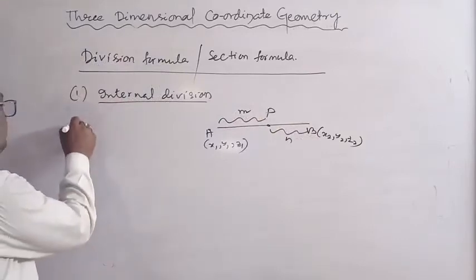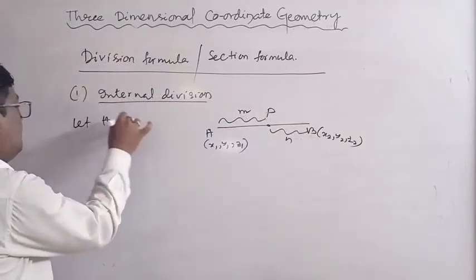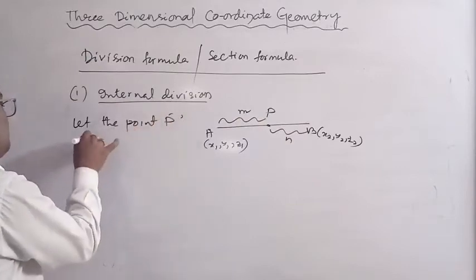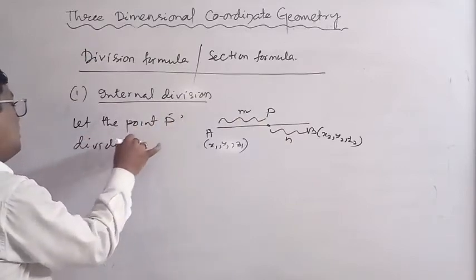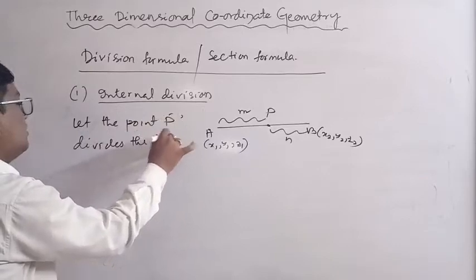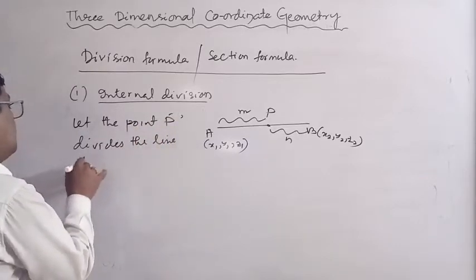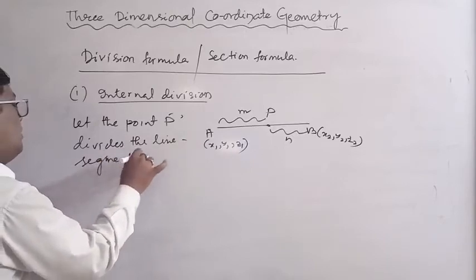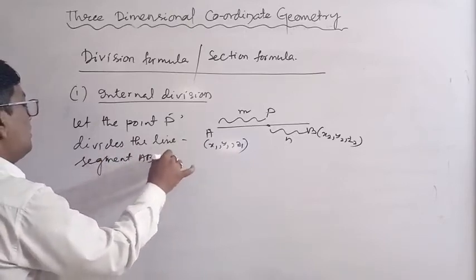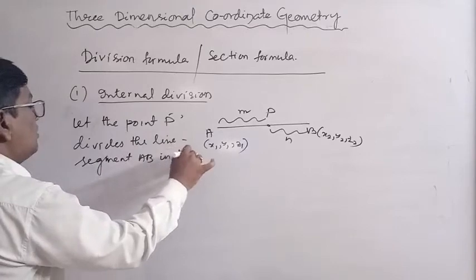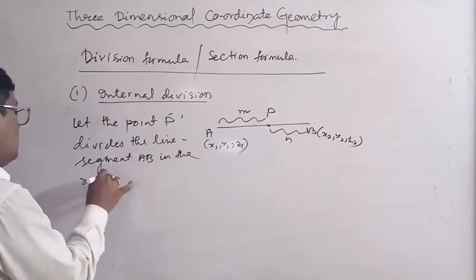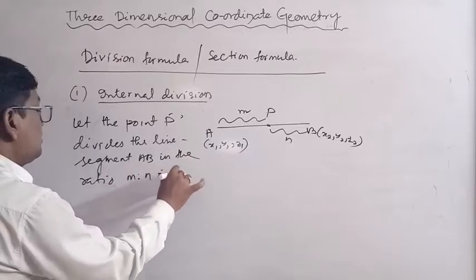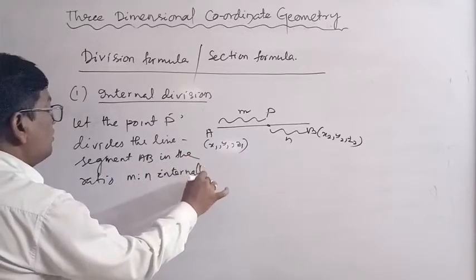Let the point P divide the line segment AB in the ratio m is to n internally.